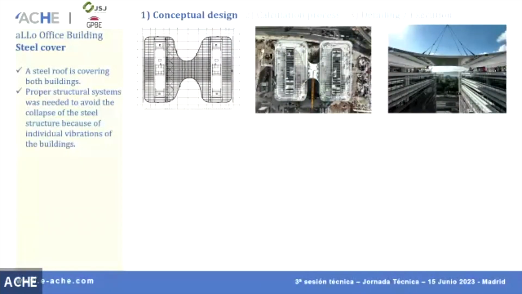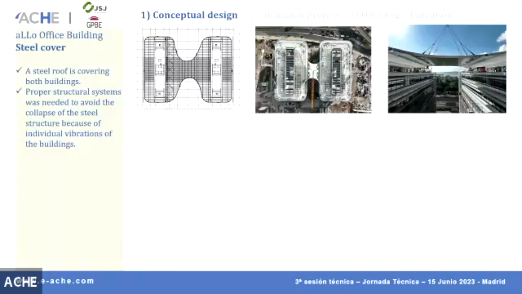The steel cover was a tricky situation because it was covering the two buildings and it was connected to both. So we needed to provide structural systems to avoid the collapse of the steel structure because of the individual vibration of each building. You can imagine that the cover was covering the outside area, and an earthquake could appear, and people run out of the building thinking that they were safe, and then the cover would collapse on top of them.